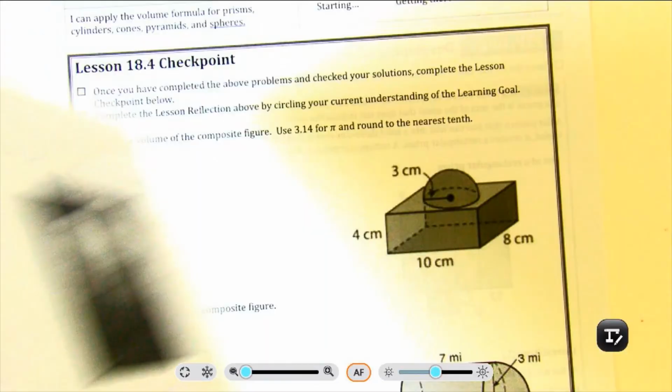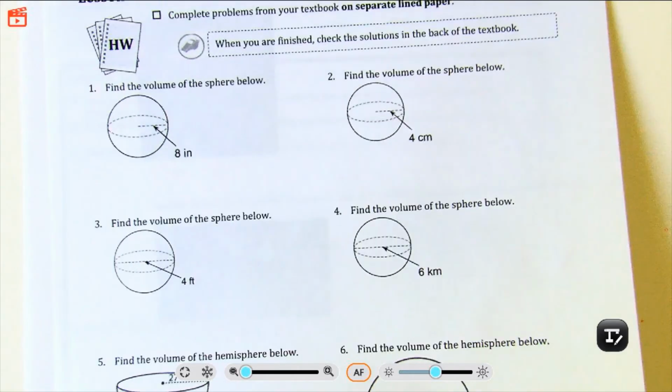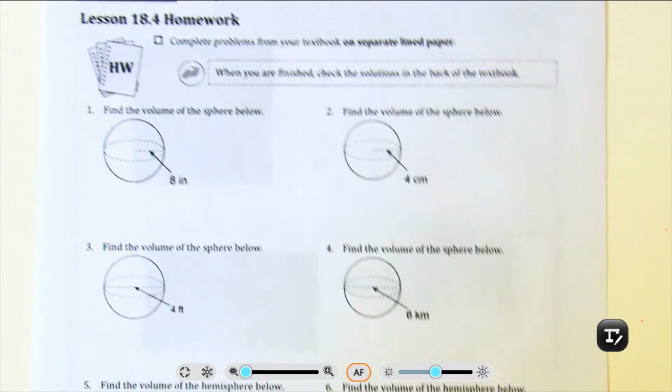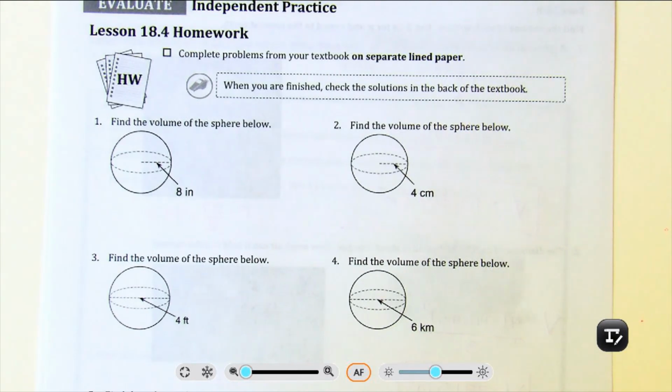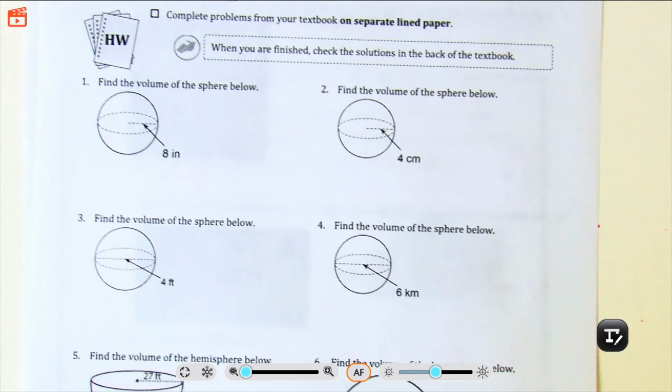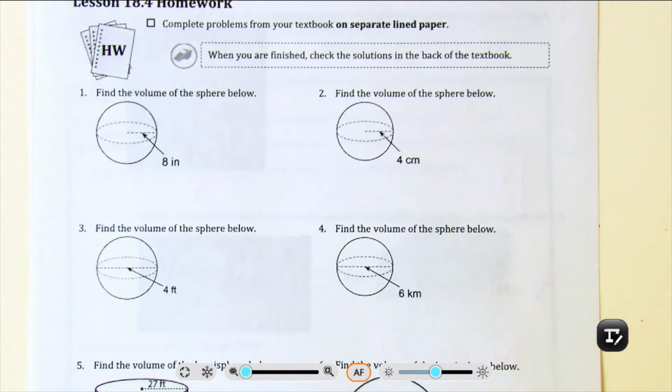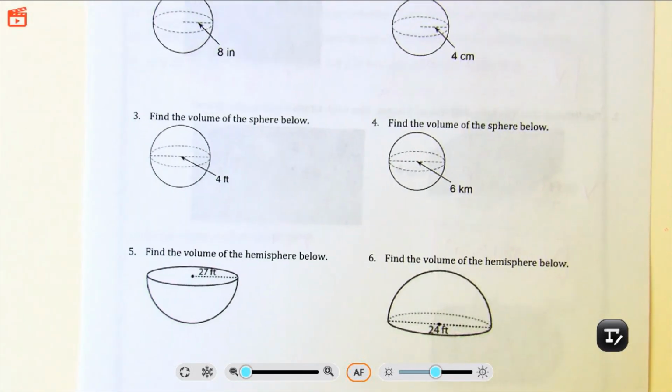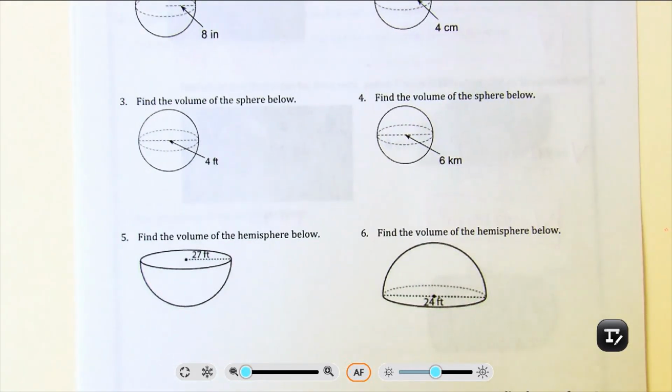That pretty much completes lesson 18.4. For your homework, you are given different spheres and you're asked to find the volume. I do want to mention that for problem number 5 and number 6, we have hemispheres, and a hemisphere is half a sphere.